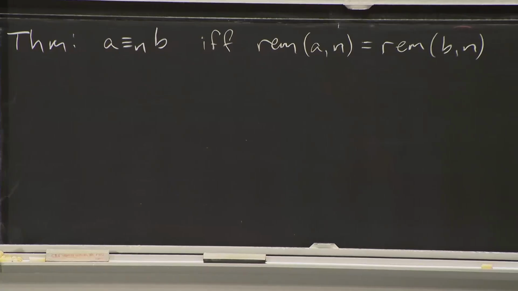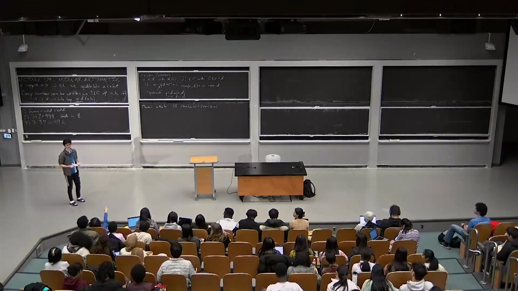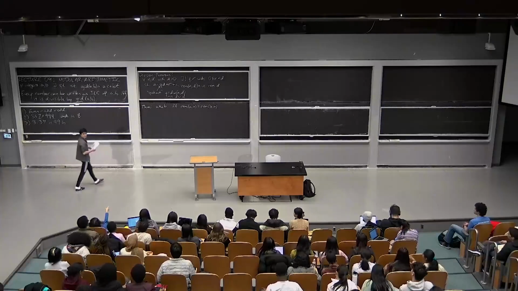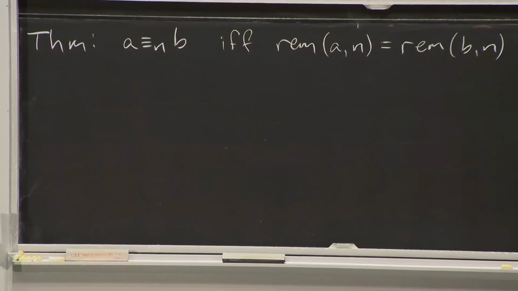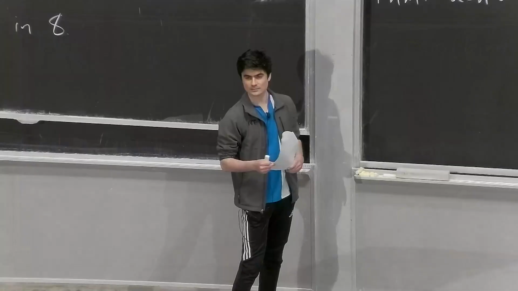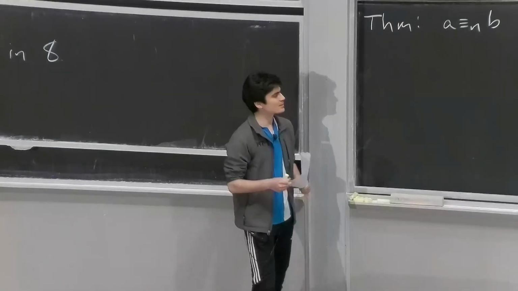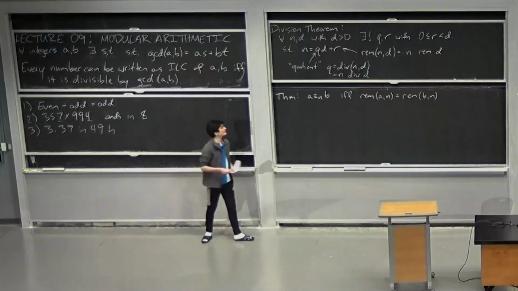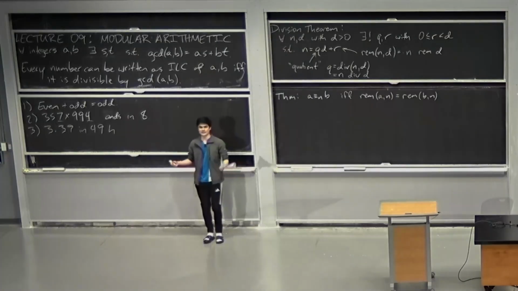Somebody? Volunteers? Yeah. Yeah, so we're going to use the division theorem, right? If we apply the division theorem to both A and B, we're going to get the same R.